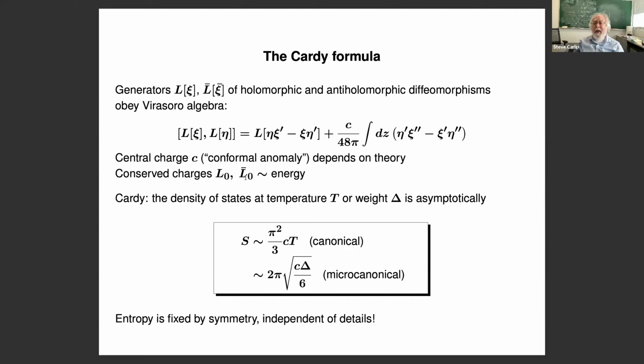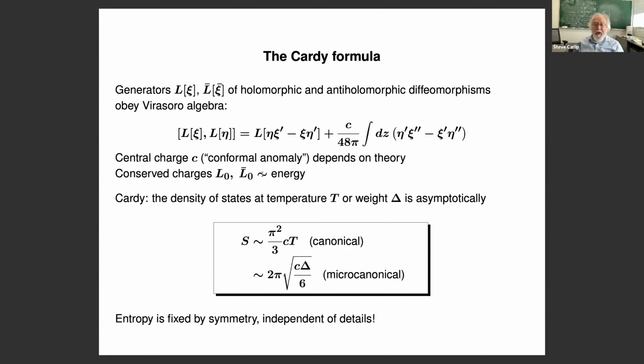Time is basically a linear combination of Z and Z bar, and the angular direction is a different linear combination. So the way to think about these is that L0 plus L0 bar is basically an energy. It's the charge associated with constant shifts in time. L0 minus L0 bar is angular momentum, the conserved quantity associated with rotations.